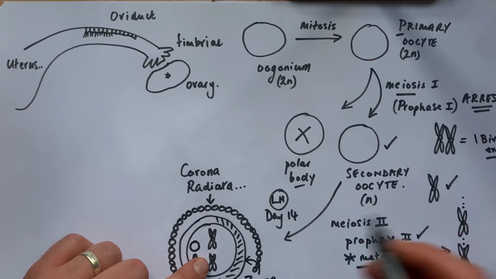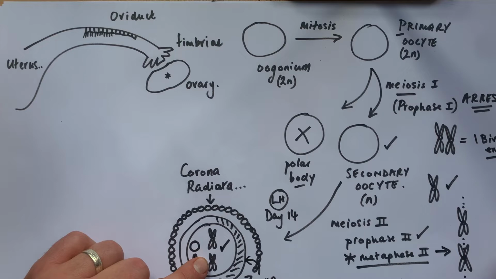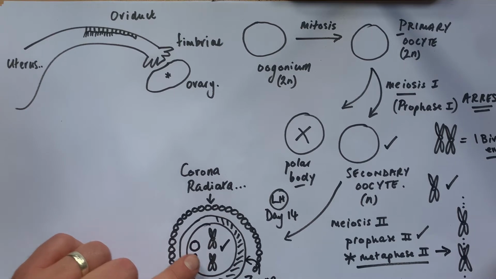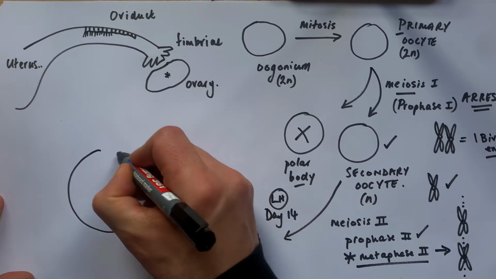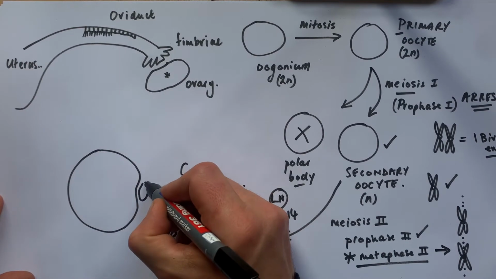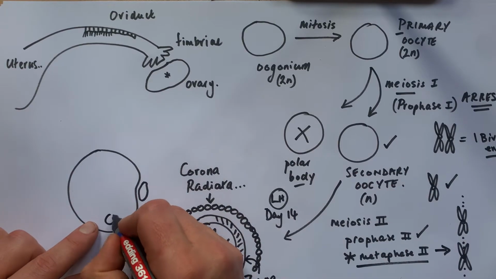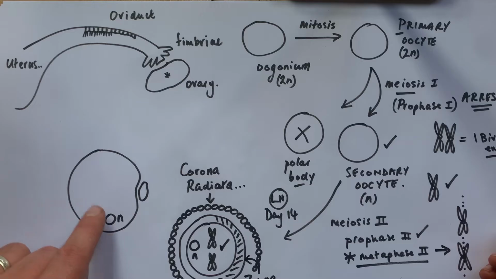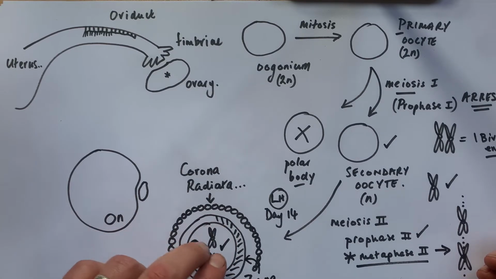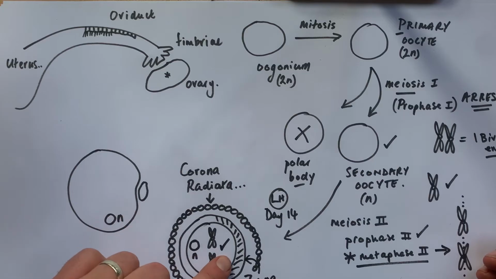And then the sperm cell injects its nucleus into the cytoplasm of the secondary oocyte. And that stimulates meiosis 2 to then finish. So what would happen inside the secondary oocyte, so I'll try and do it up here, is you get this scenario. So we'd have the sperm nucleus inside one of the two cells, which is now called the ovum, because this cell, the secondary oocyte, has now finished meiosis 2.